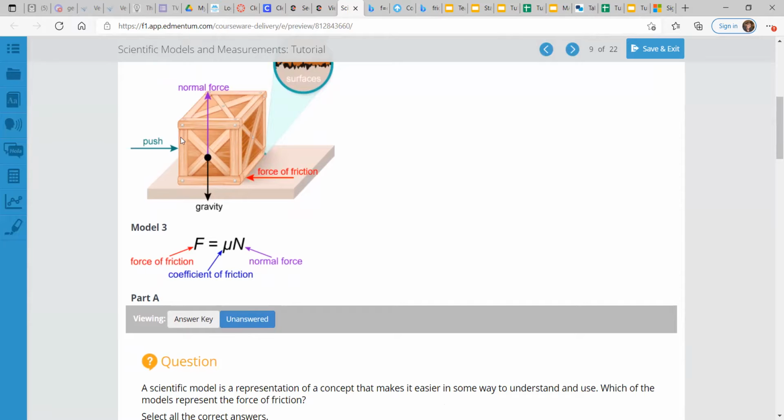And when we push something to the left, there will be an opposite force of friction applied to the left. And we can find the force of friction by multiplying this coefficient that we can find in a list or table. And then the normal force is just this, N.